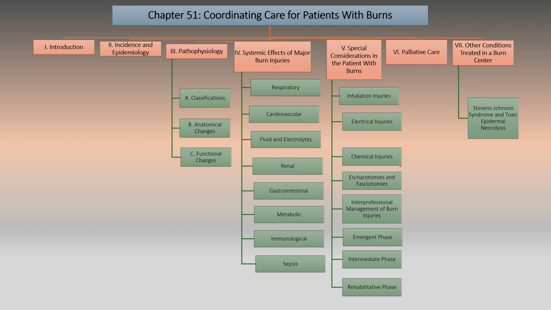For chemical injuries, it's immediate irrigation, whether acids, alkalis, or organic compounds. Alkali versus acid: alkali burns are most destructive because they cause liquefaction necrosis, leading to deeper tissue penetration.